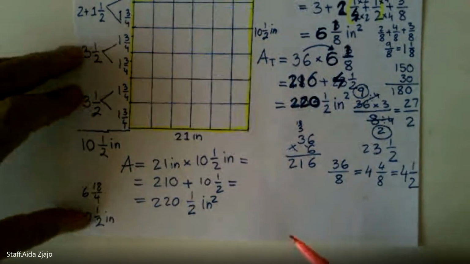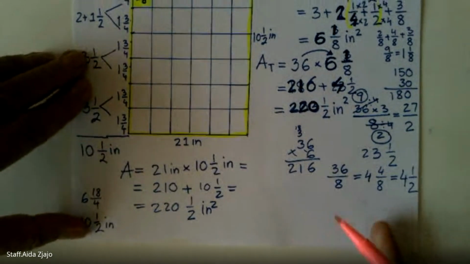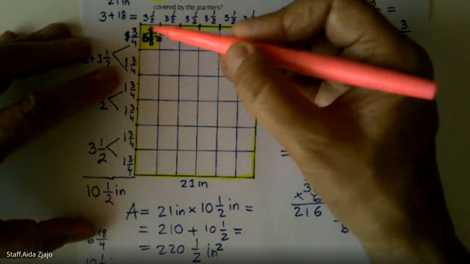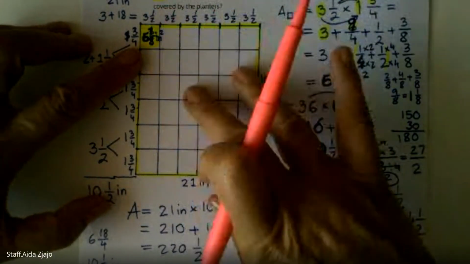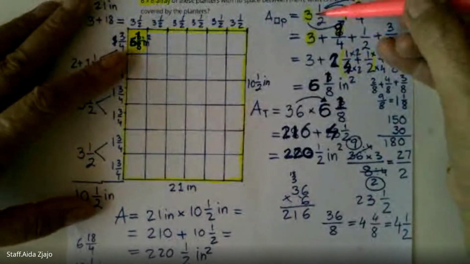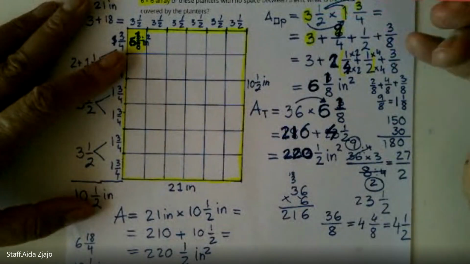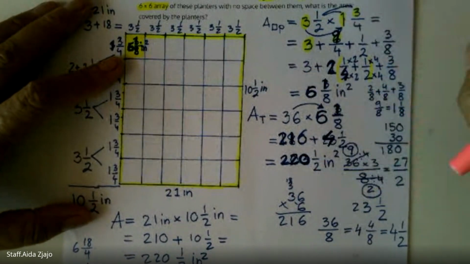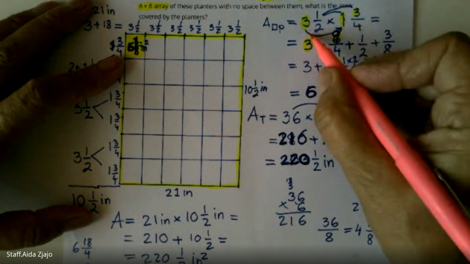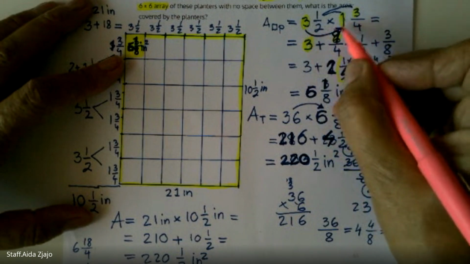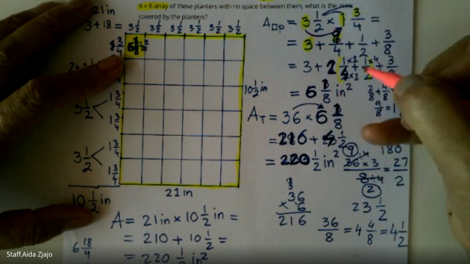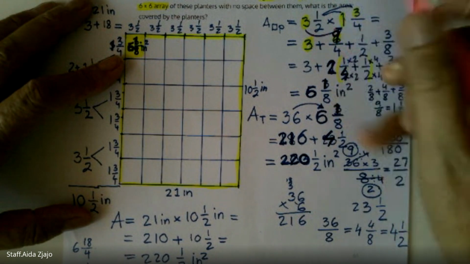So when Mrs. Z had the first idea, I think I'm gonna find the area of one square and then multiply by 36 of them. I made a mistake here. Instead of doing it quickly, slow down and do it part by part. So 3 times 1, 3. 3 times 3/4. I put 6/4, and it was 9/4.